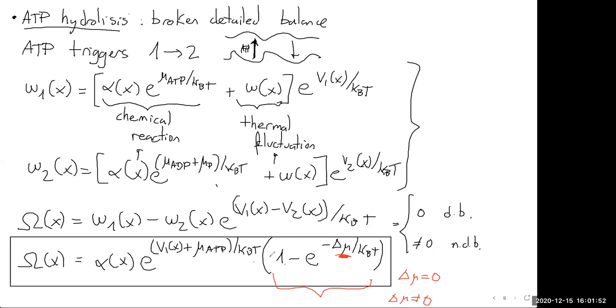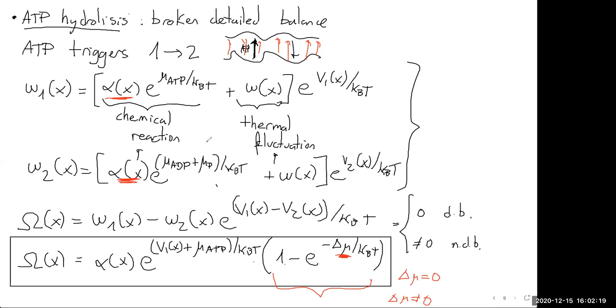So you can simply get a current by adding the chemical reaction that is acting differently in different x, but it's fueling with the same chemical reaction everywhere. So everywhere you have ATP that can come and put the system up. So simple models with ATP can lead you to a current here.